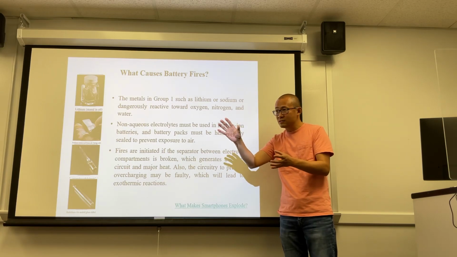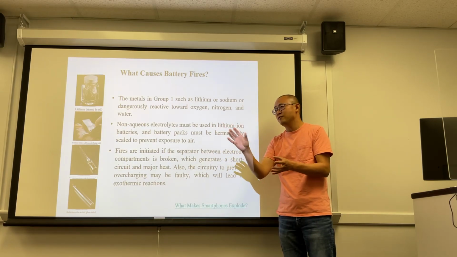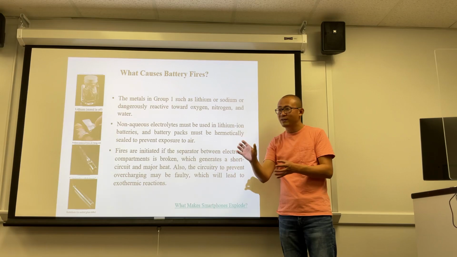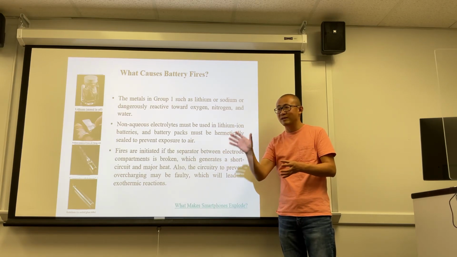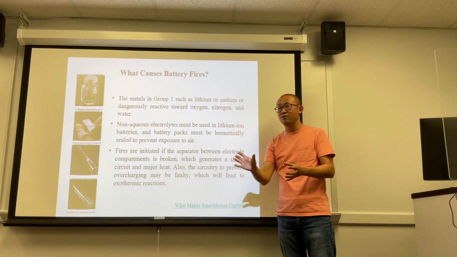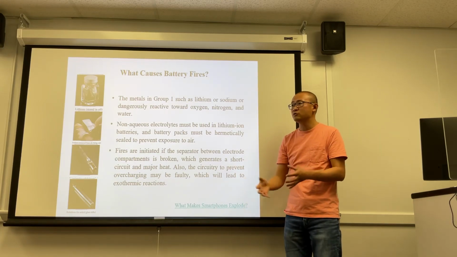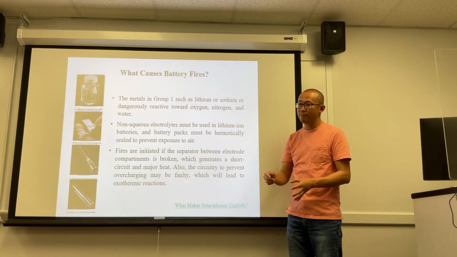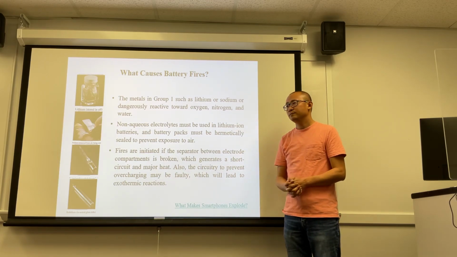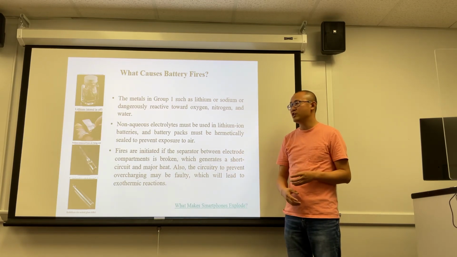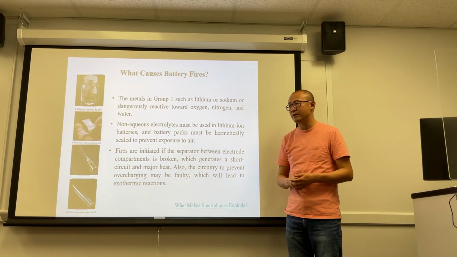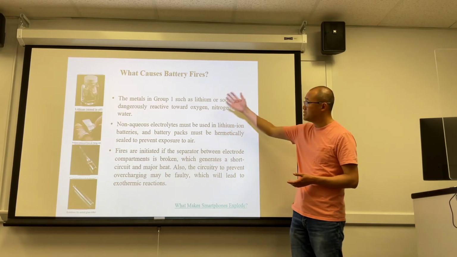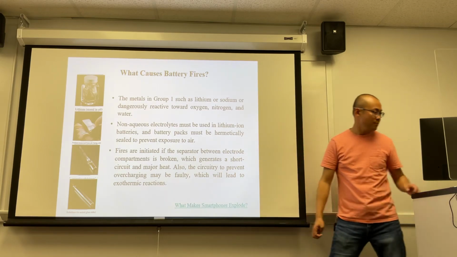You see a box with a label on it. If you buy an iPad, the box shipped to you has a lithium battery label showing there is a battery inside. There's a potential hazard. A lot of companies do not allow lithium ion batteries to be checked in on board. You can carry a personal device.